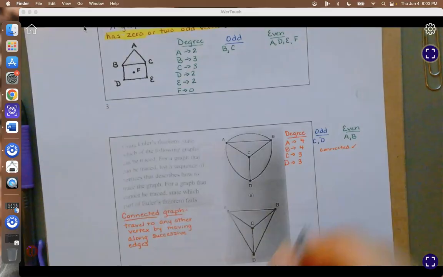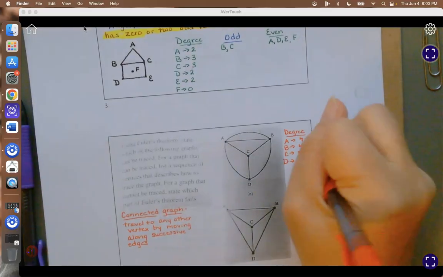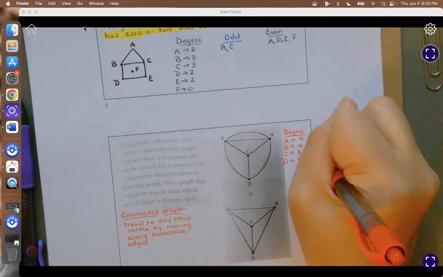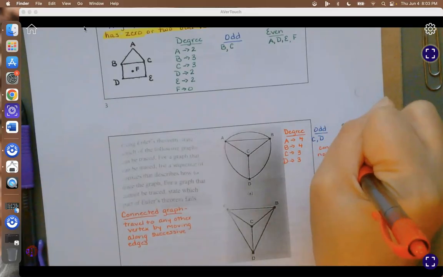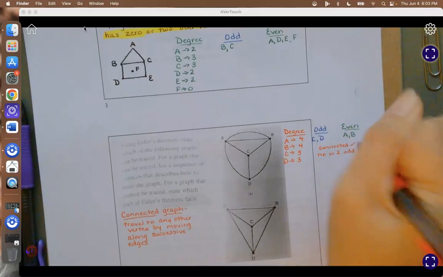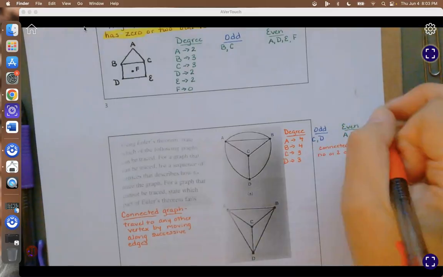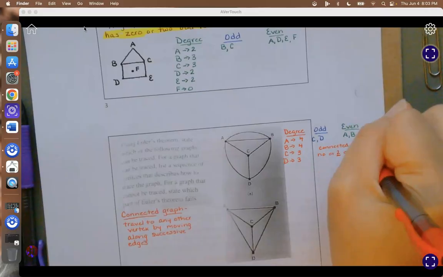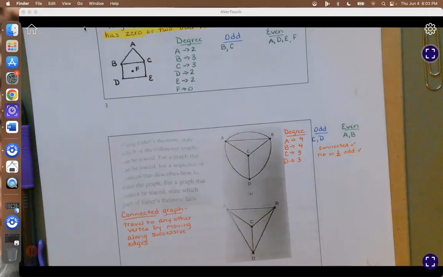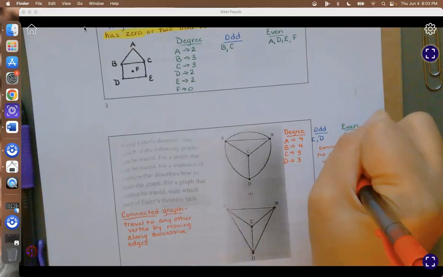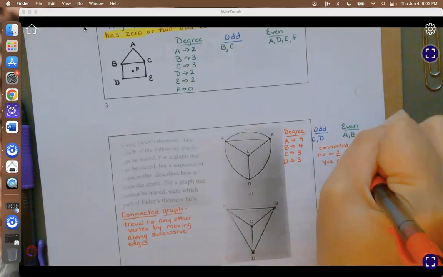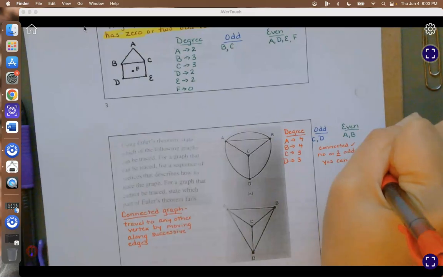So we can do CBA. We don't have to touch every edge. We got to touch every. Hang on just 1 second. I've got to take care of something. Sorry guys, I got a little distracted.